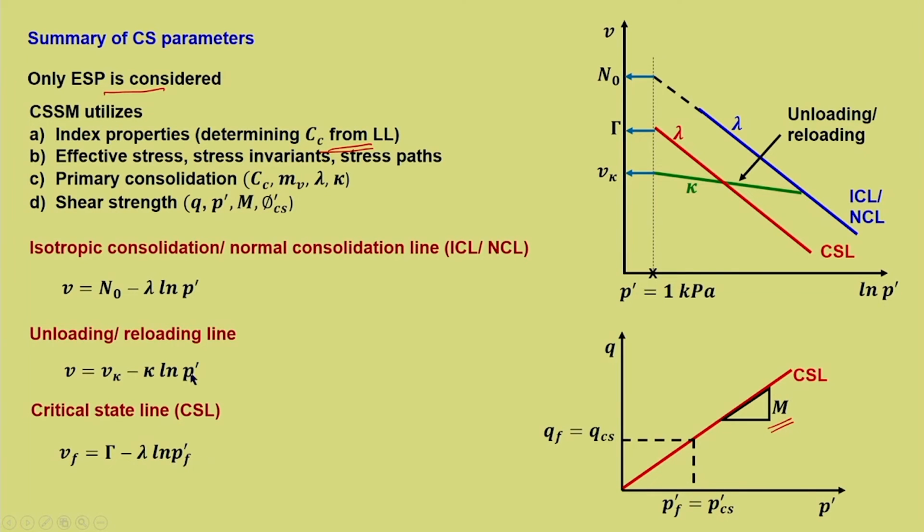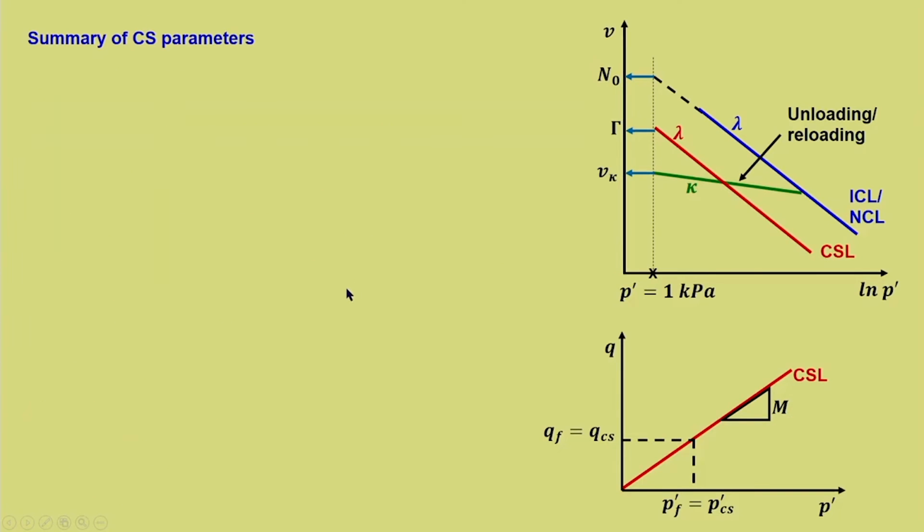Here you are adding the subscript f for the critical state line, and the additional one needed is Qf equals M into P dash f. These are the essential relationships to keep in mind for dealing with the critical state framework.